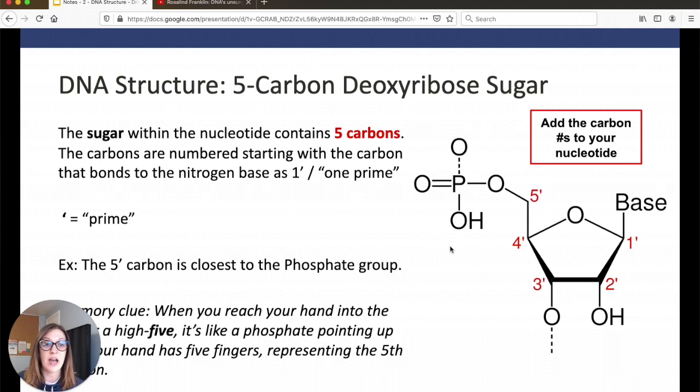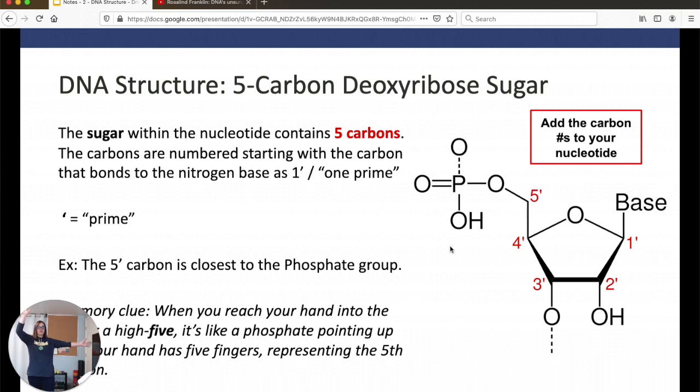One way that you can remember where the 5 prime carbon of this molecule is: if I'm standing, this is gonna be weird, and going like this, here's my high 5, my 5 prime carbon. This is the phosphate group sticking up, and then my arm out here represents the sugar, and my nitrogen base is over here.